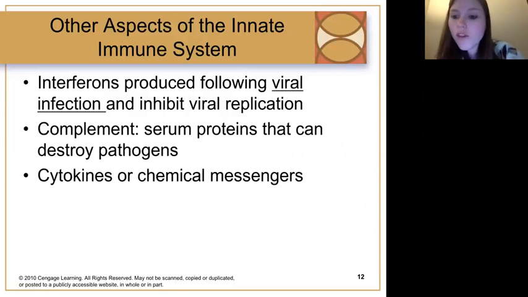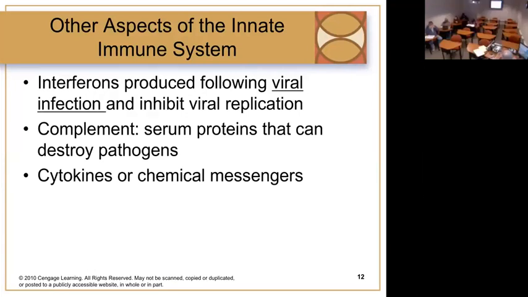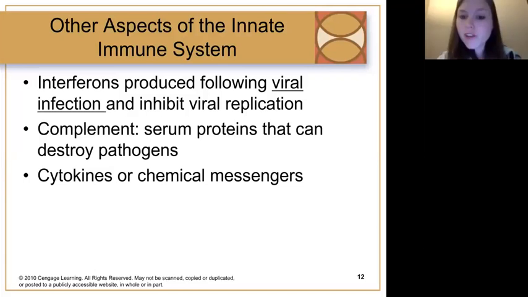And those receptors that recognize a virus are going to cause a different response than bacteria, because viruses and bacteria need to be dealt with in different ways. So these interferons will be produced instead of some of the other compounds. They will be produced specifically in a viral infection. So the immune system can get pretty dynamic in how it responds to different pathogens.